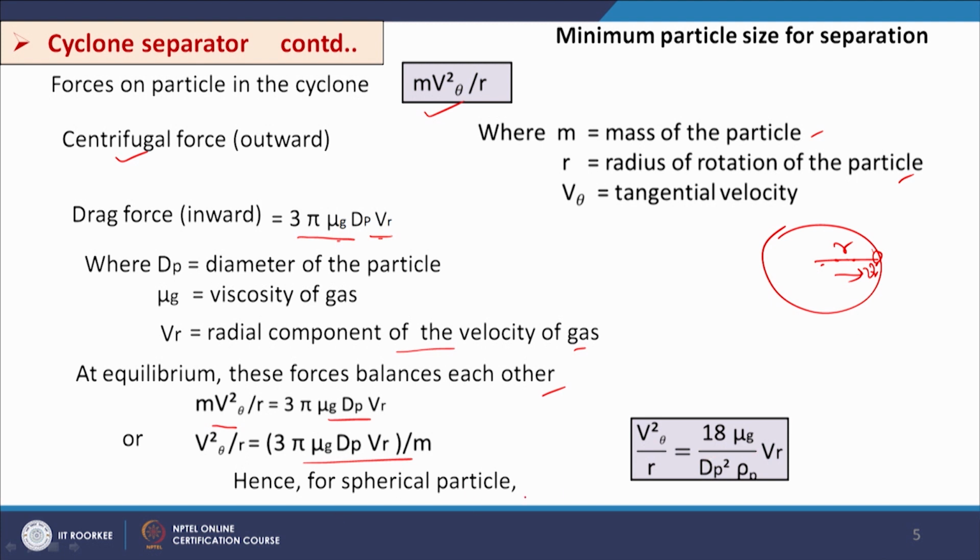Hence, for a spherical particle, v theta square by r is equal to 18 mu g dp square V r into rho p. This is the relationship, and we have already discussed it in the case of the settling chamber also.